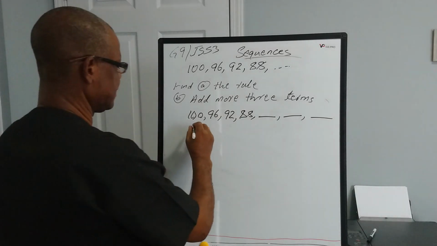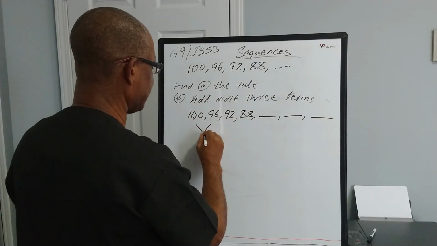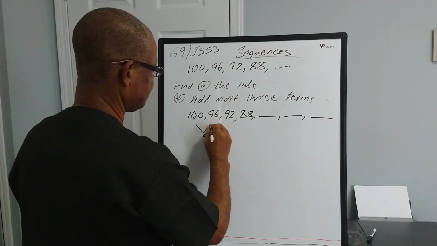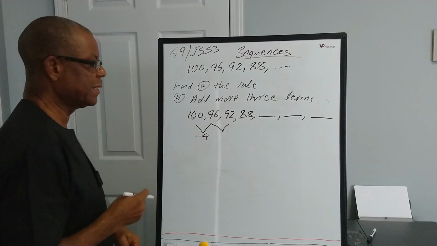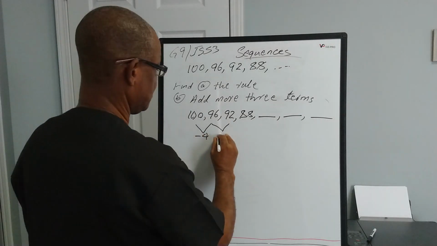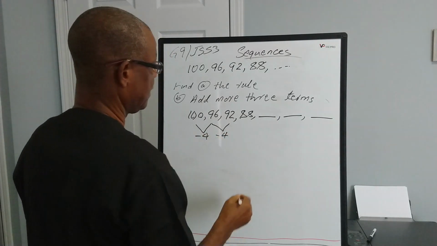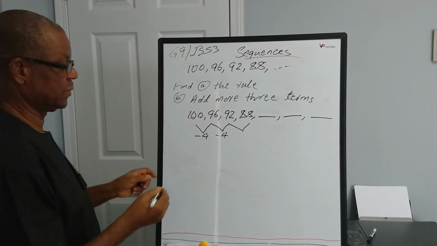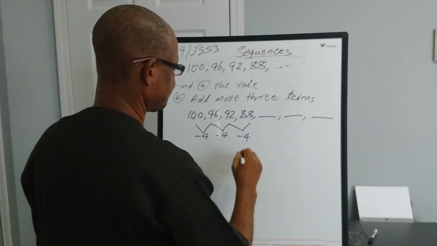You will agree with me that if you subtract term 1 from term 2, you are going to have minus 4. Term 3 minus term 2 will give you minus 4. And term 4 minus term 3 will give you minus 4.